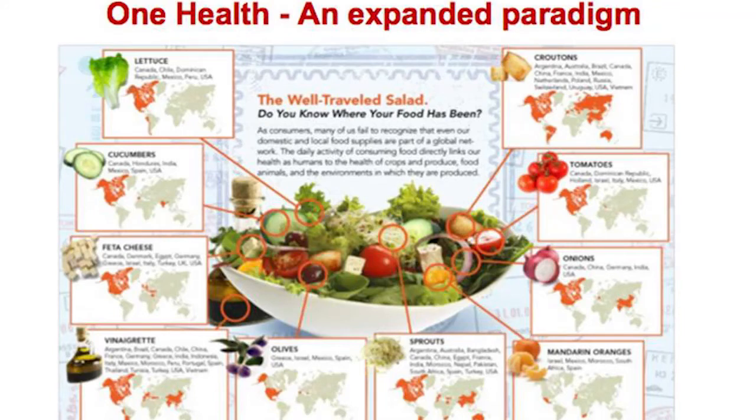And it's not only the interaction between animals and humans. If we look at this salad, they call it the well-traveled salad. A single salad can have different components of the food from all the continents, including the spices and the major parts of the dish, coming from all continents: milk products, meat products, and others.